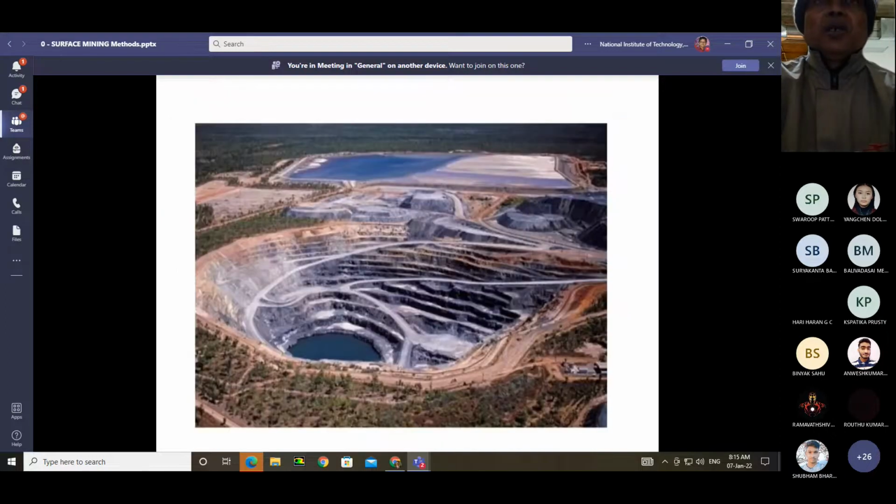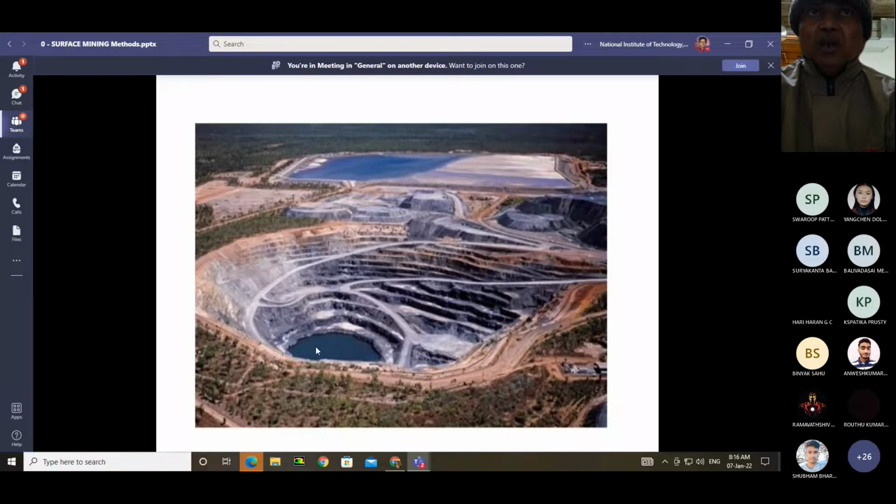This is clearly visible, how the open pit mine looks. At the bottom of the open pit mine, there is water accumulation because of the strata water and because of the rainwater.